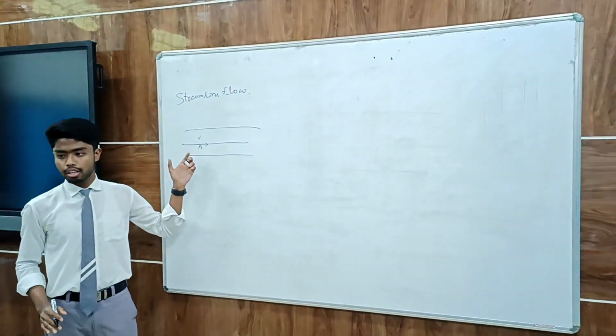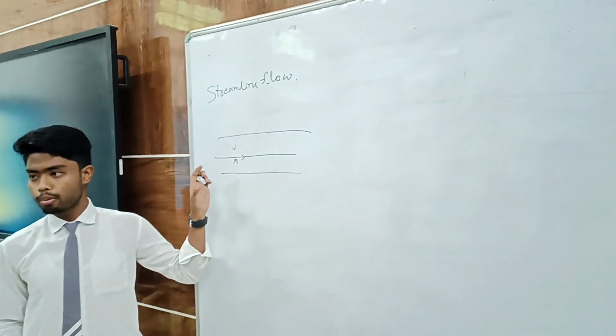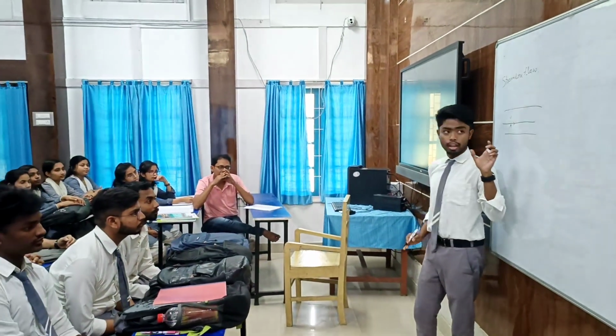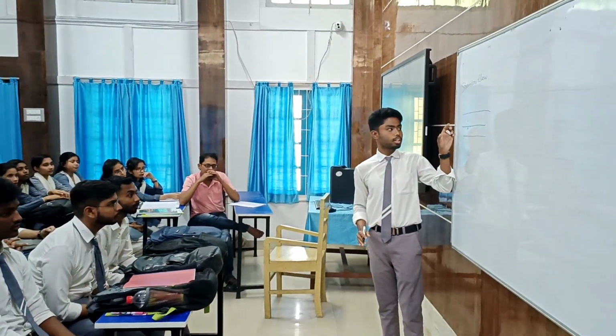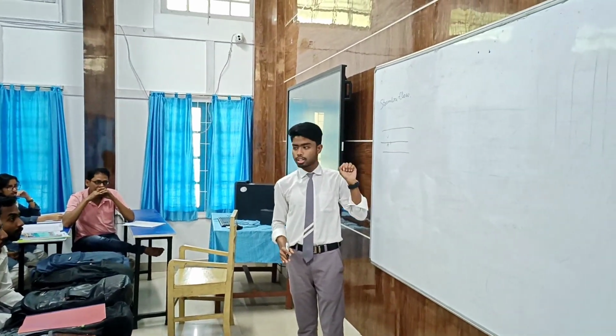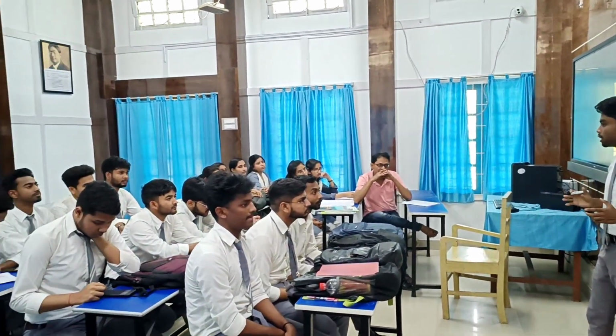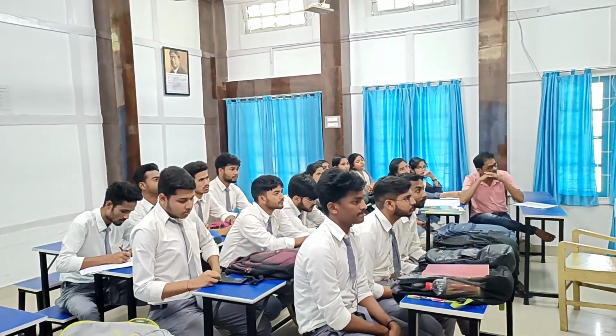After that another particle comes to this particular point. If the velocity of that particle is also v and its direction is forward, then the flow of the liquid is called streamline flow or streamline motion.